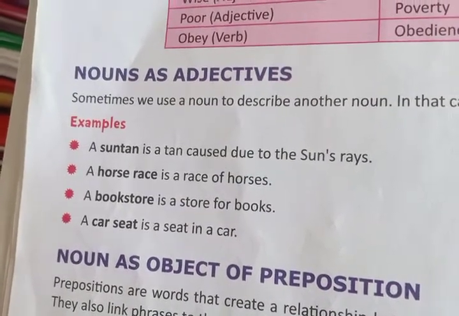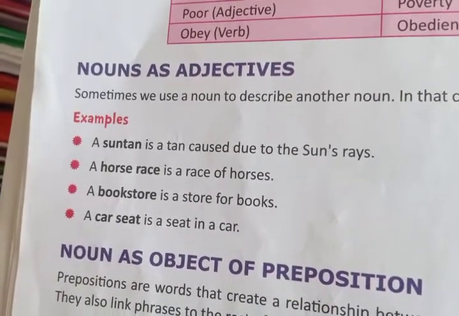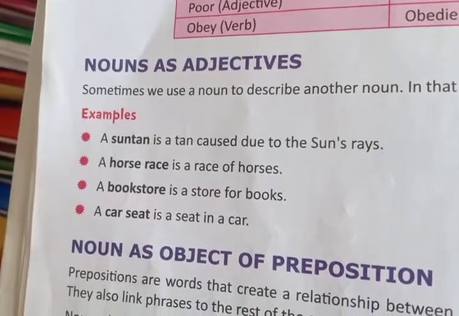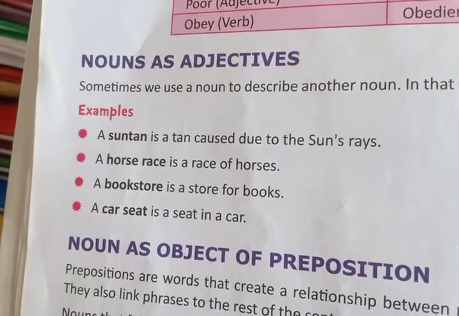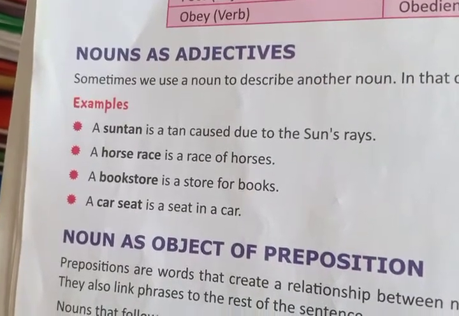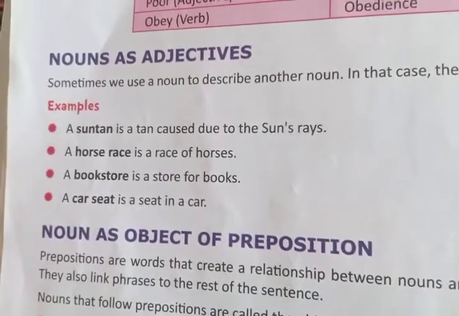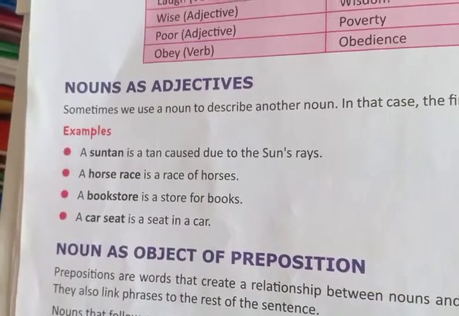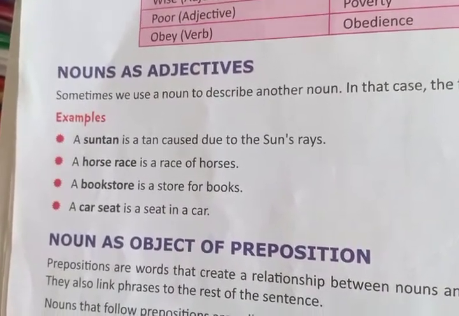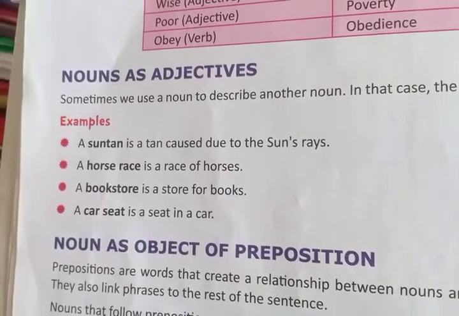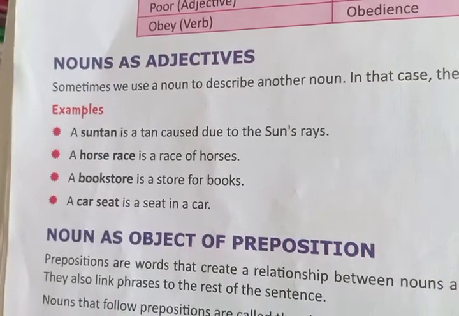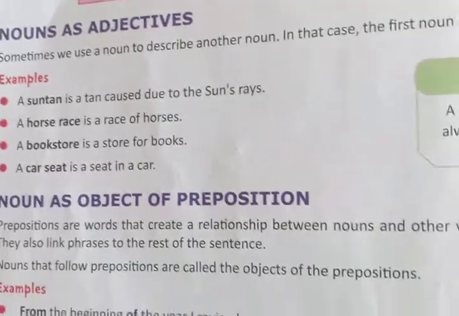A horse race is a race of horses. A bookstore is a store for books. A car seat is a seat in a car. How nouns have been used as adjectives. You see, suntan, horse race, bookstore, car seat.